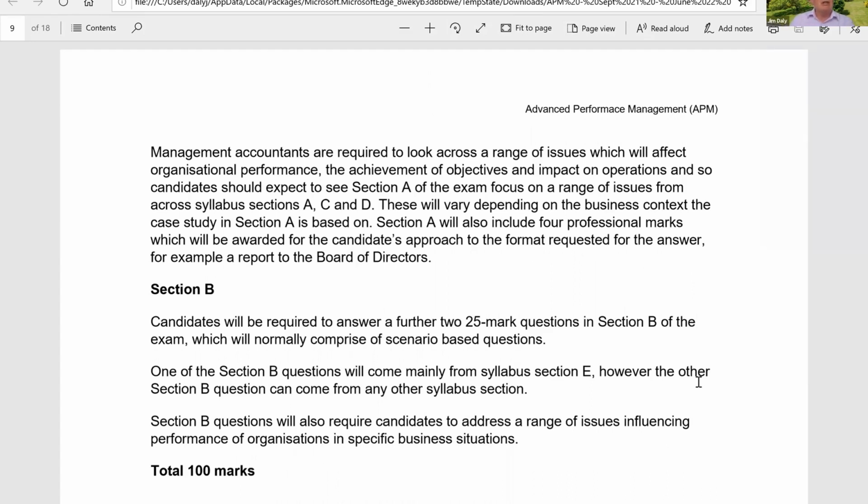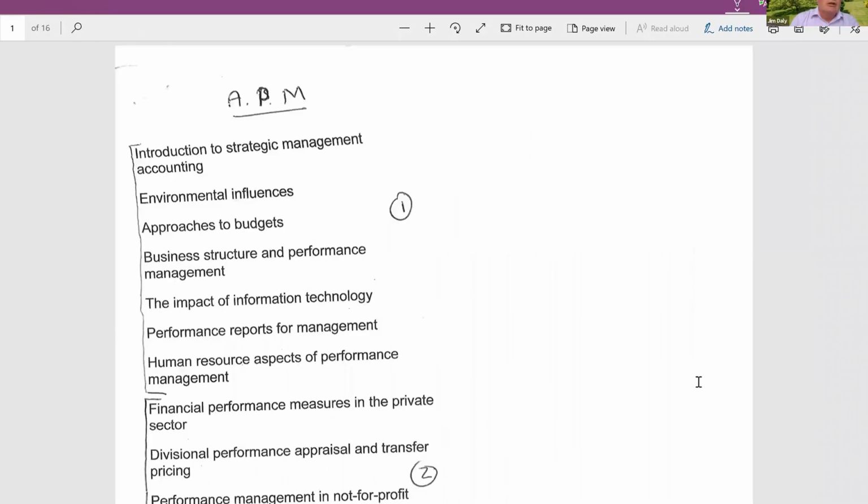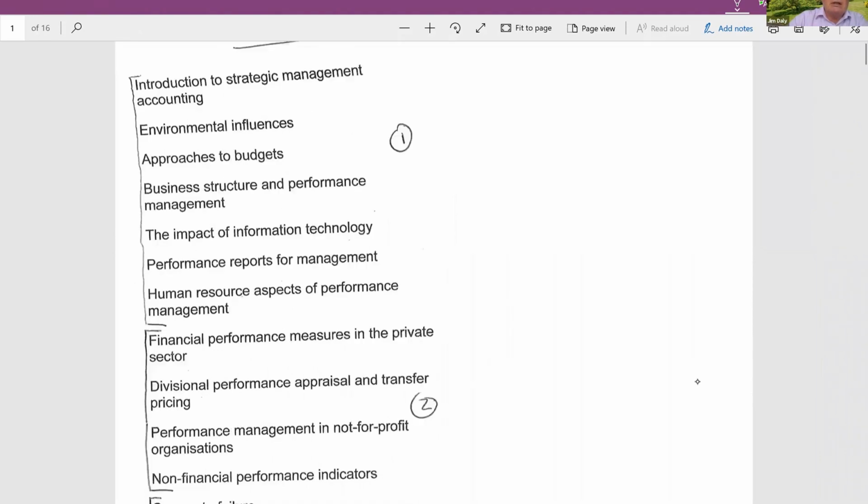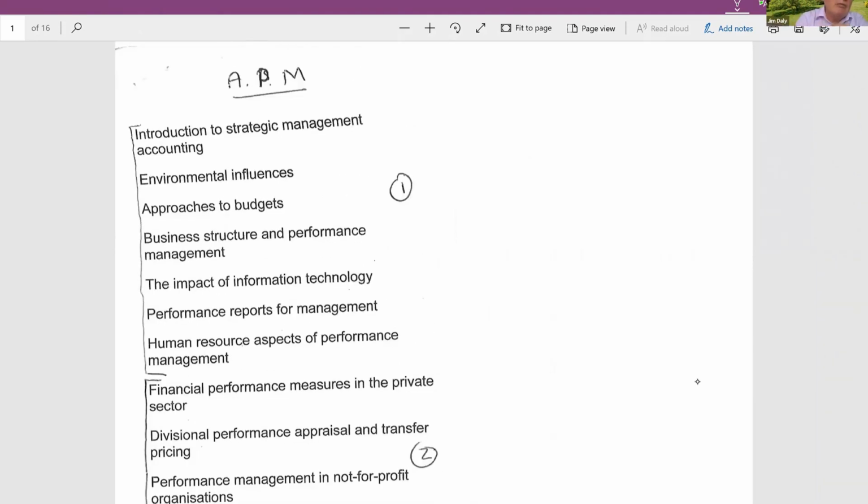So that begs the question then as to what's in the syllabus, or what the syllabus is about. In looking at the syllabus, guys, and the way I work this, you can see I have the APM, and I break it down into three different sections.